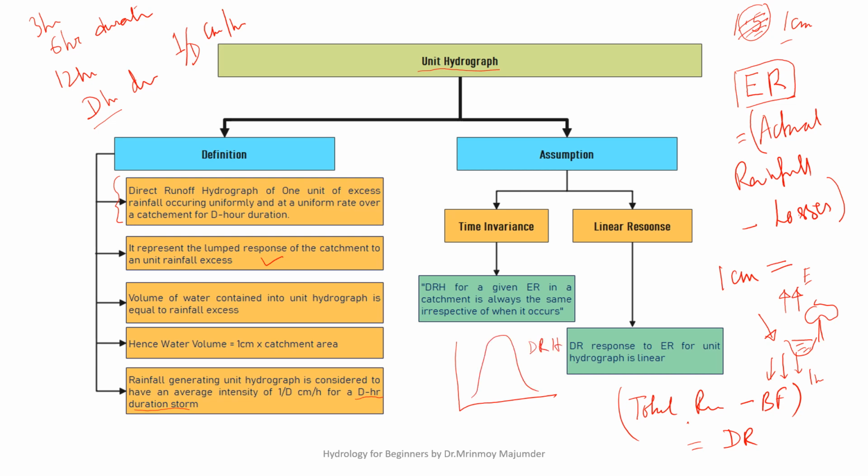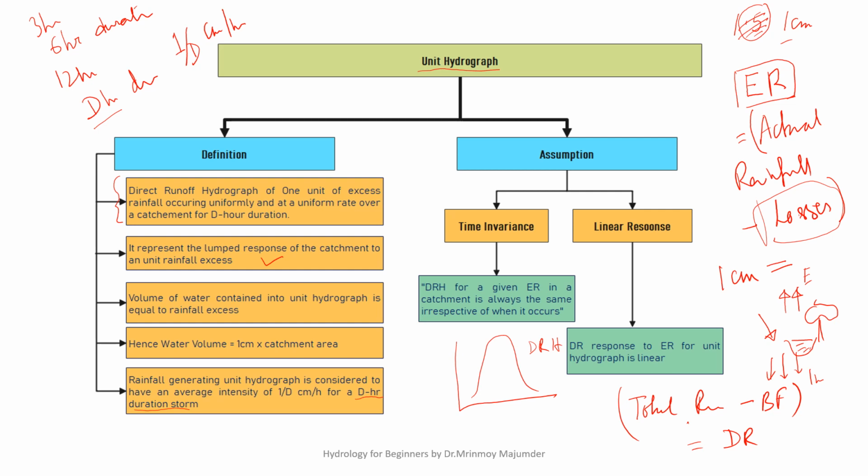When you plot the excess rainfall with respect to time, you get the excess rainfall hydrograph. So in case of unit hydrograph also, we are only concerned about excess rainfall and direct runoff. We are not concerned about losses. So just ignore the losses term and then try to visualize.